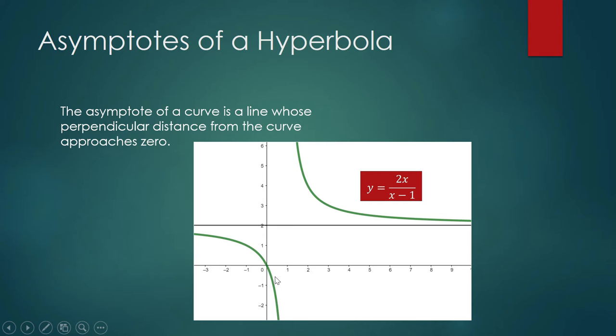It's the same when x approaches negative infinity. The vertical distance between this line and your curve also approaches zero. So in this example, this is a rational function, and your asymptote here is the line y is equal to 2.